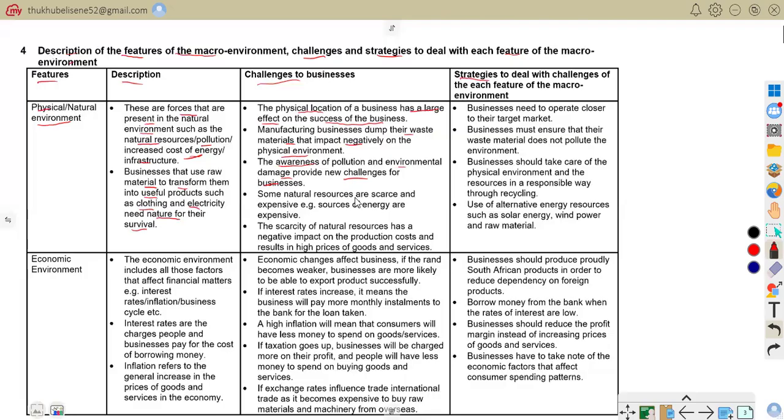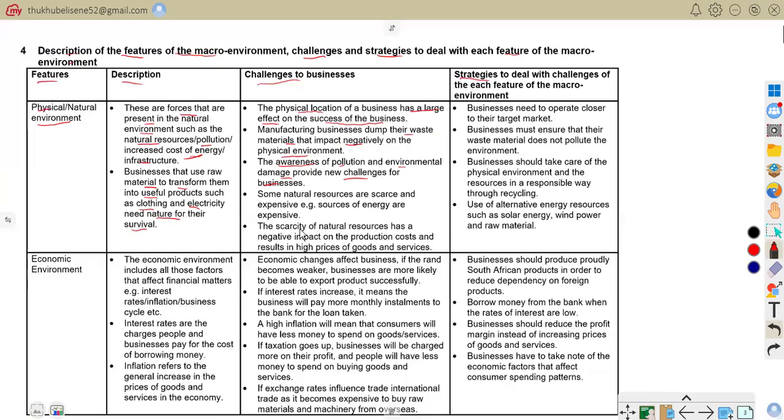So customers don't buy from or do business with organizations that pollute the environment. That is why they're saying the awareness of pollution and environmental damage provide new challenges for business. So if ever your business is not respecting the environment, it is going to lose customers, because consumers expect eco-friendly practices.